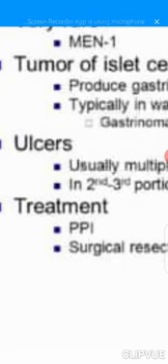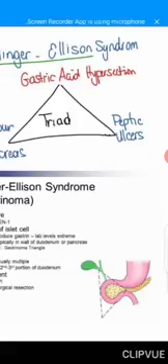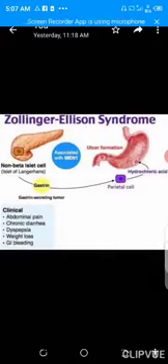And the treatment is usually either medical or surgical. The medical is by giving drugs, the proton pump inhibitors, the omeprazoles, the prazoles. Then the surgery is by surgical resection. They just resect. But we focus more on the laboratory investigation.